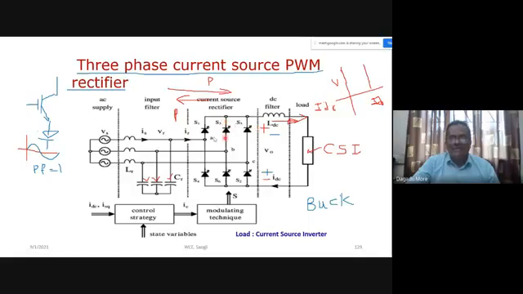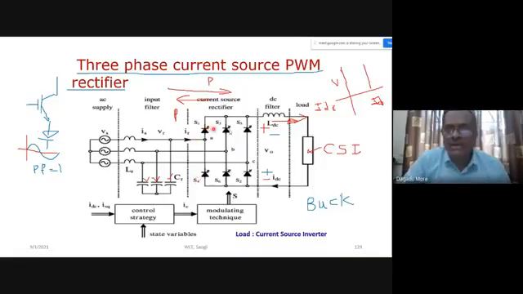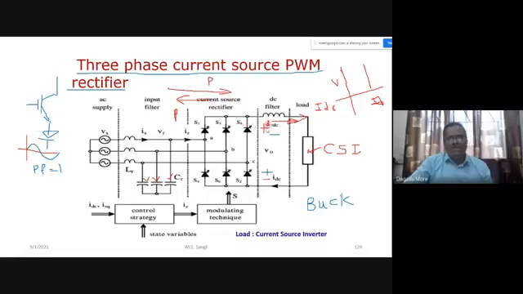So there will always be one device from the upper side on and one device from the lower side on. Are you getting? Two devices cannot be made on, or three devices. In the case of a voltage source inverter, upper three can be made on or lower three can be made on. That is possible in the case of VSI. Here we cannot switch on two devices in one leg simultaneously.